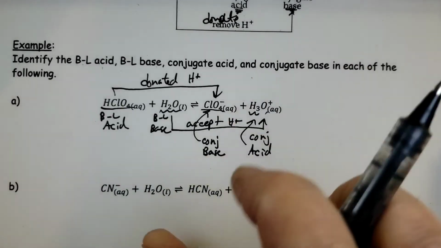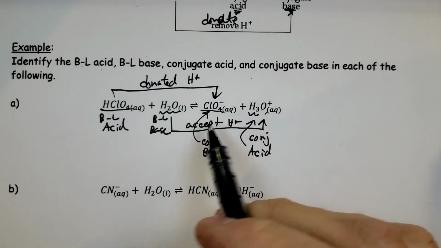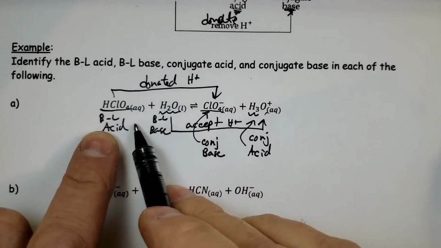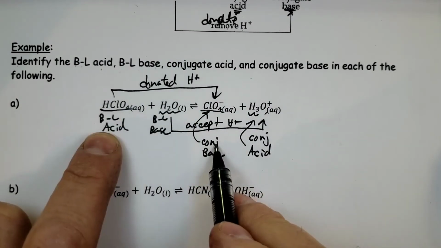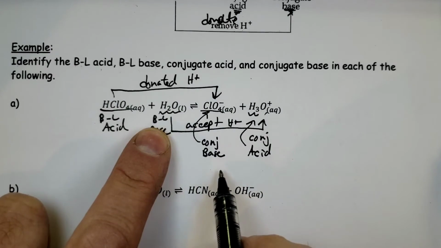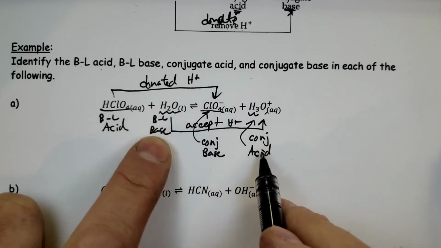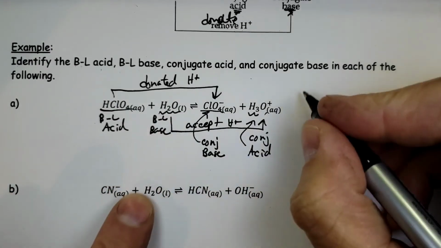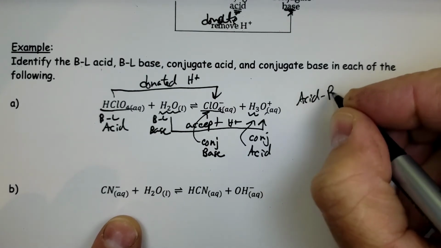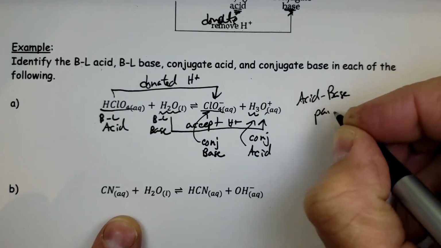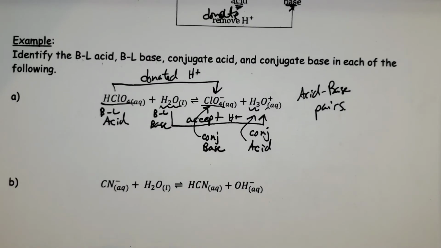So this is the paired up acid. And notice here, a Bronsted-Lowry acid is paired up with a conjugate base, and a Bronsted-Lowry base is paired up with a conjugate acid. So remember, you always have acid-base pairs.